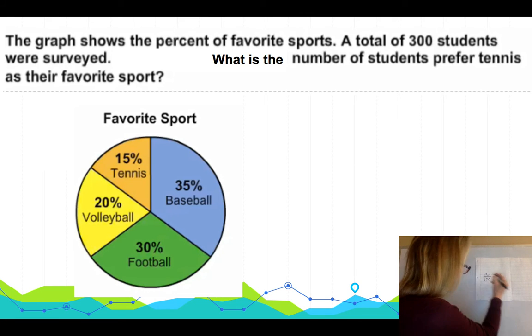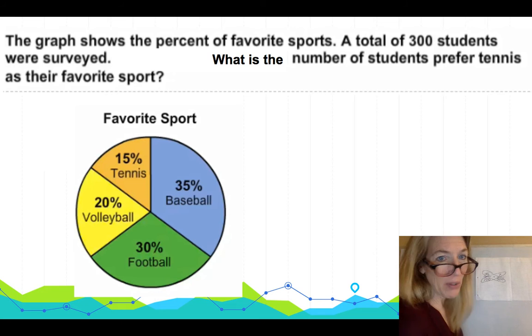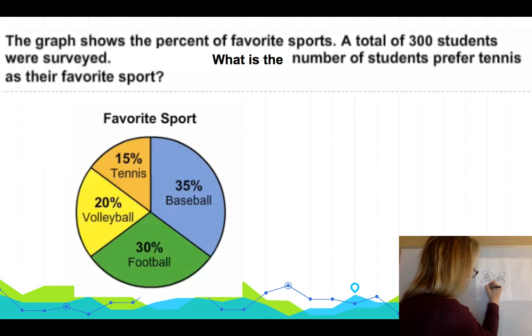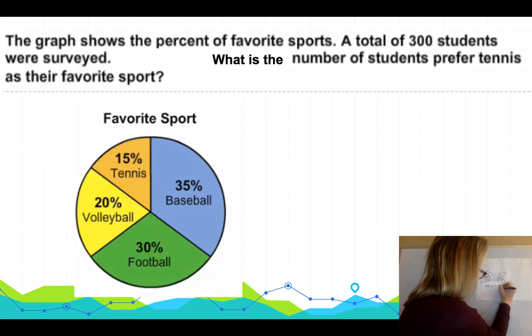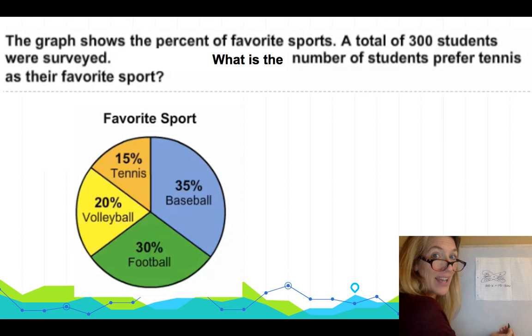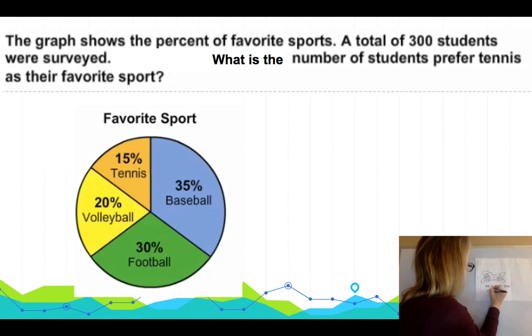So if I cross multiply, and I'm going to just do this for all my friends out there who prefer cross multiplying, I'm going to take 100 times x is going to equal 15 times 300. I'm going to simplify that now, and that equals 100x equals 4,500.